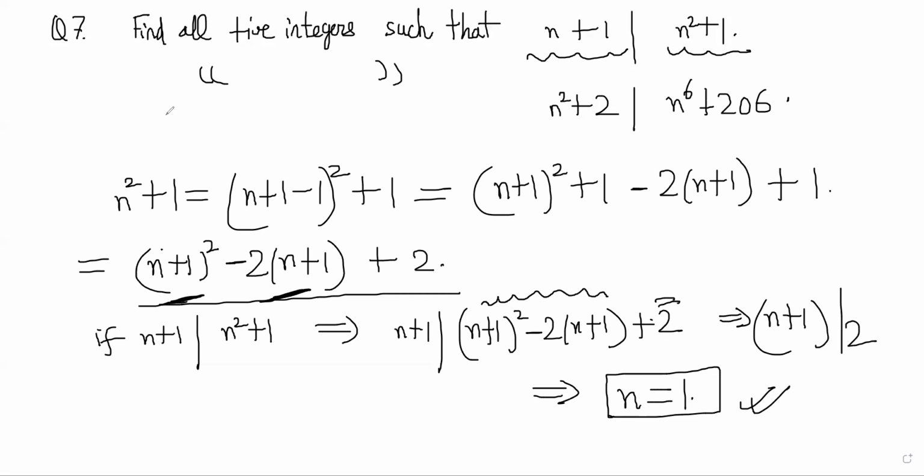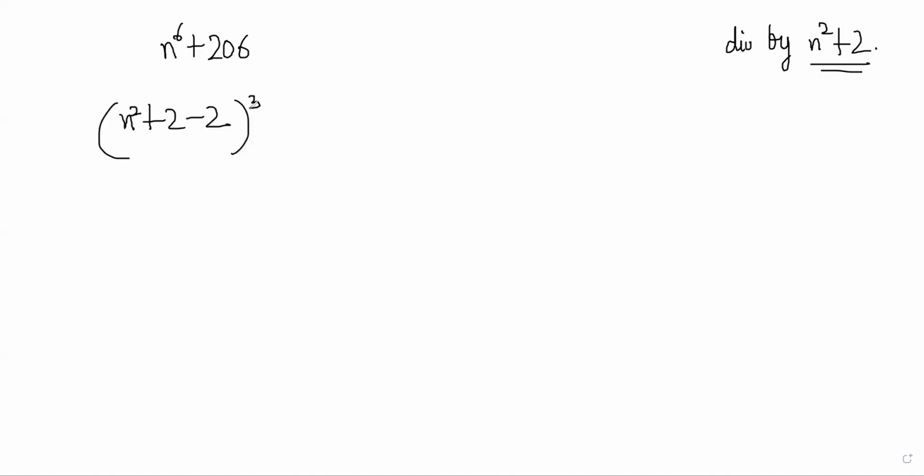In a similar fashion, we can try the other one also, n^6 + 206, and we have to check whether it is divisible by n²+2, right? So I want to write this expression in terms of n²+2. How do I do that? I write it as (n²+2−2)³, right?